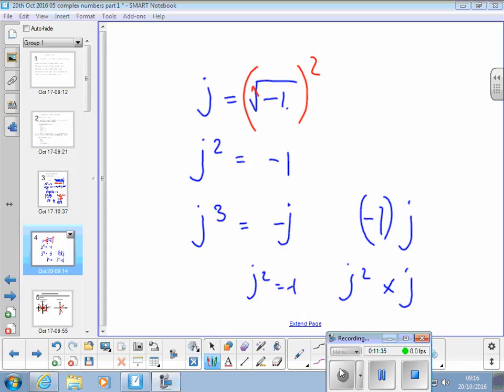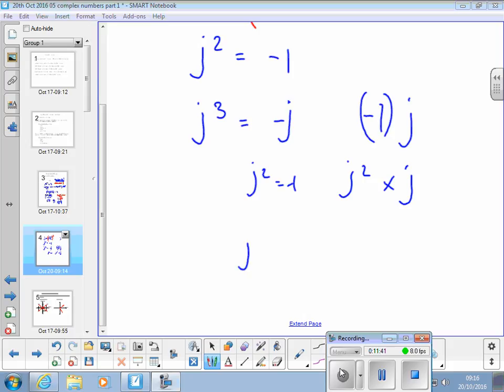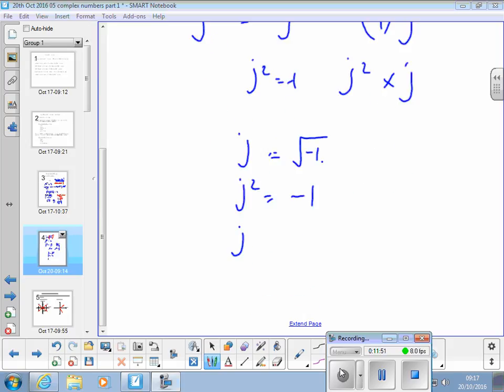So, to summarise, j is equal to the square root of minus 1, j squared is equal to minus 1, and j cubed is equal to minus j. Okay? And that will help us understand as we go on today.